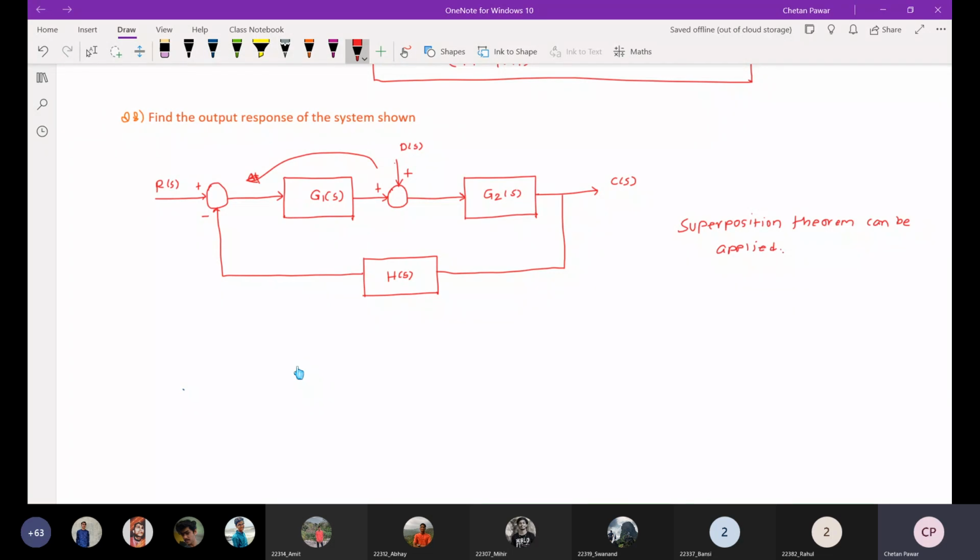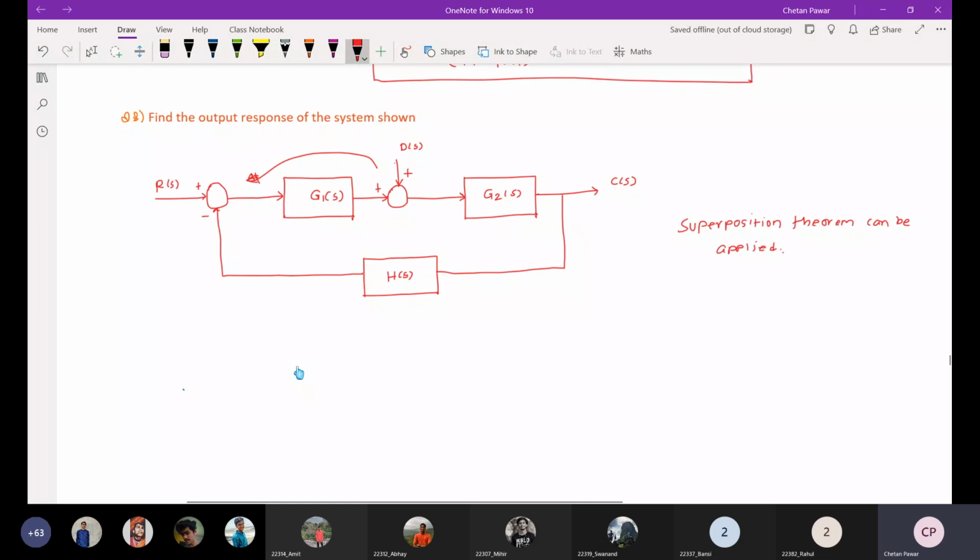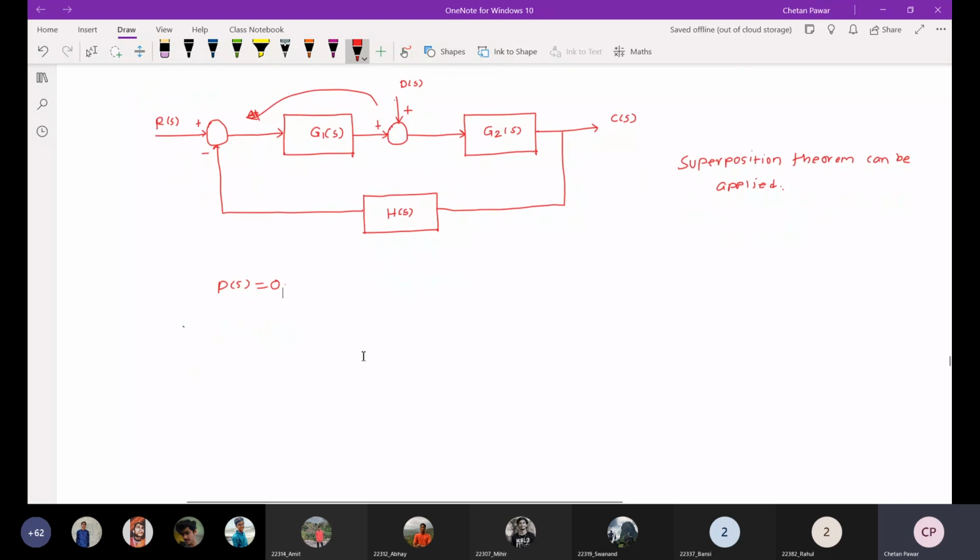So first I will make D of S equal to 0. When D of S is equal to 0, this particular summing point will not have any effect, because we are adding this output with 0.